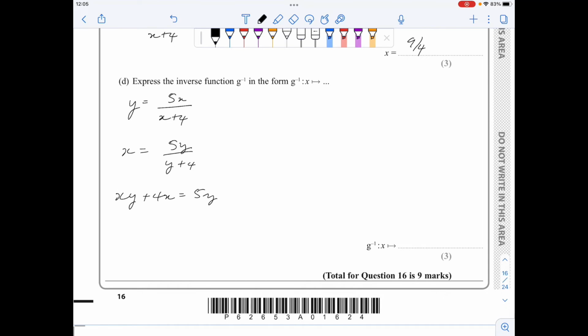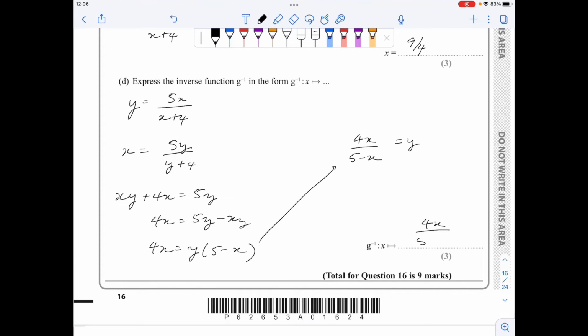I'll take the y's on the same side. So 4x is equal to 5y minus xy. I will factorize: 4x equals y times (5 minus x). And finally, to get y on its own, I will divide by the bracket. So 4x over 5 minus x. And this is the inverse function. So let's write it in the answer space. And we're done.